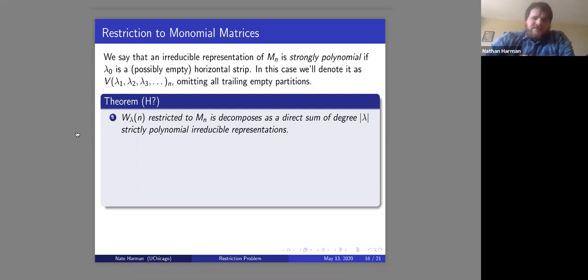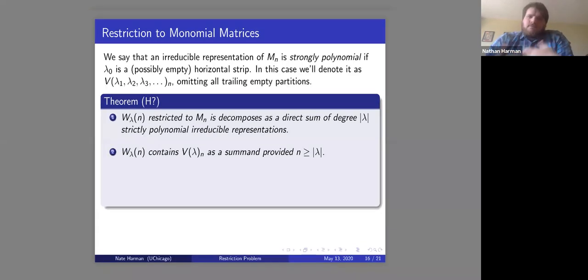The first thing to observe is that if I take a polynomial representation of GL_n and I restrict it to M_n, it decomposes as a direct sum of these strongly polynomial irreducible representations. That's really where this strongly polynomial condition is coming from. It's the relevant representations in this restriction problem. Moreover, we know what the leading term is.